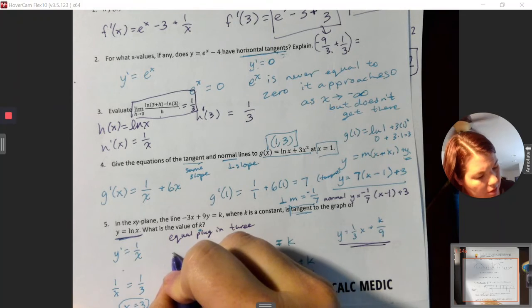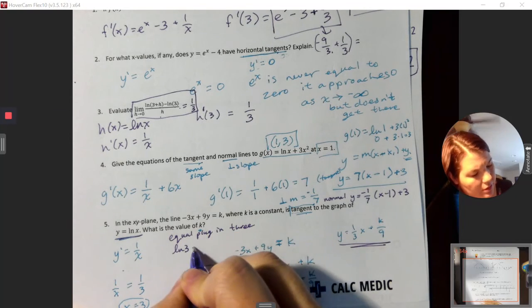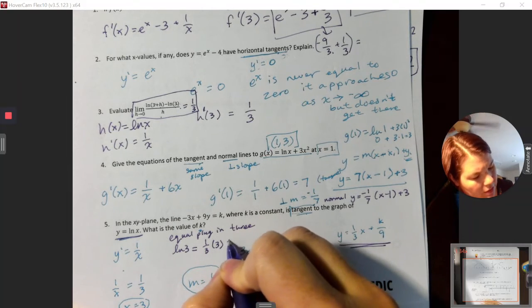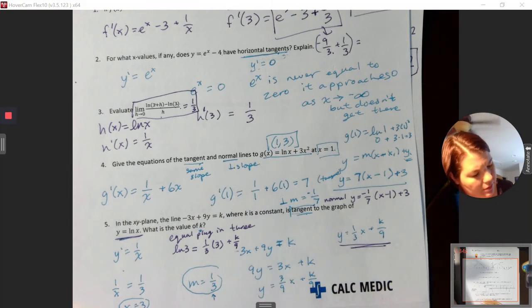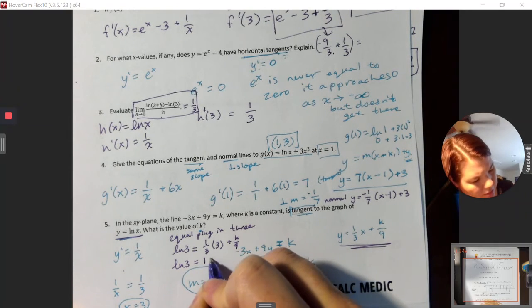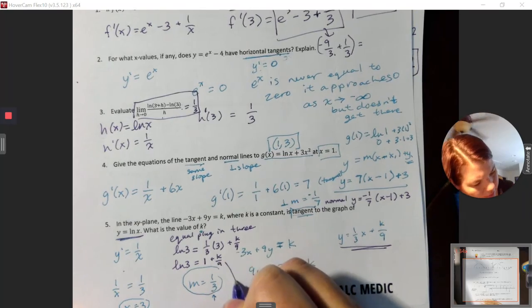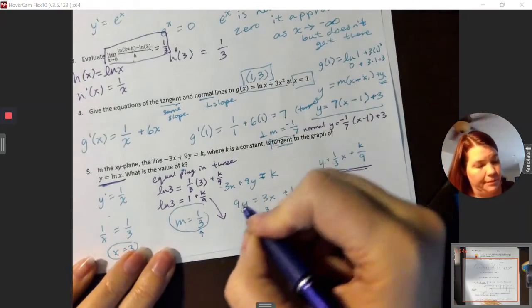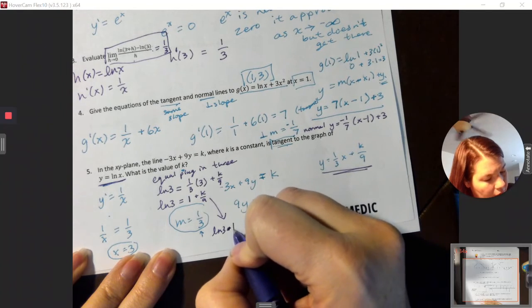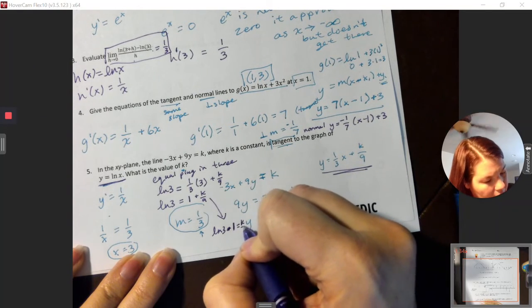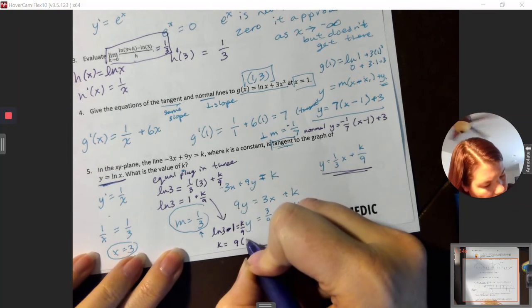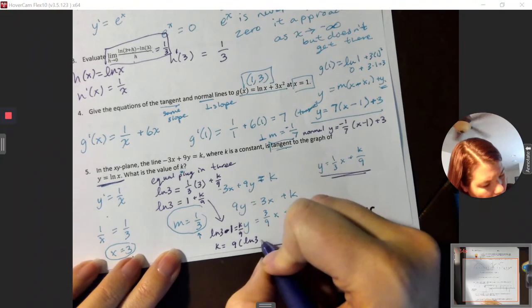So the natural log of 3 equals 1/3 times (3 plus k) times 9. So ln of 3 equals 1 plus k times 9. Ln of 3 minus 1 equals k times 9. And so k equals 9 times (ln of 3 minus 1).